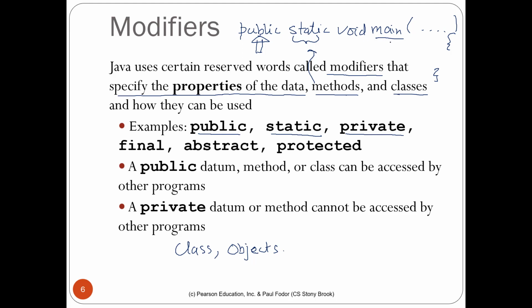Whenever you are creating your main method, you will always start with the access modifier public, and then you will say static. Its return type is void. We will learn about return type when I introduce methods to you. For the time being, just keep it in mind that your main method is to be declared in this way: public, static, void, and main, and then you have String[] args.